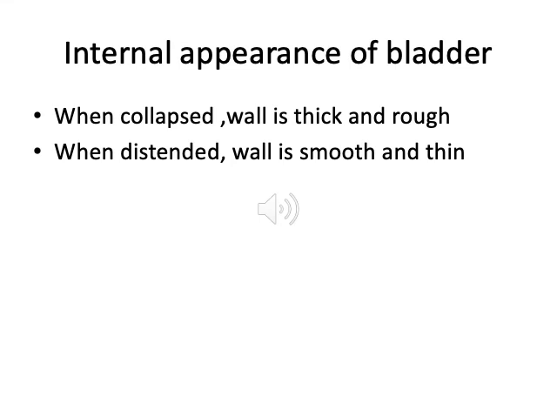When we discuss the internal appearance of the bladder, the musculature of the bladder plays an important role in the storage and emptying of urine. In order to contract during micturition, the bladder wall contains a specialized smooth muscle known as the detrusor muscle.